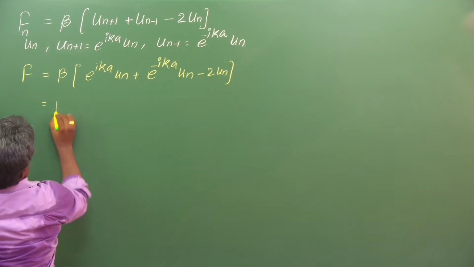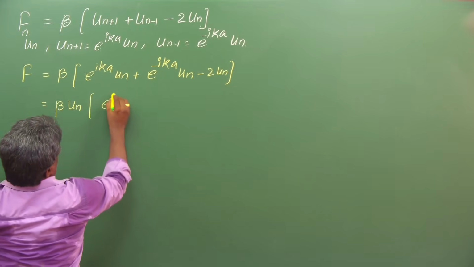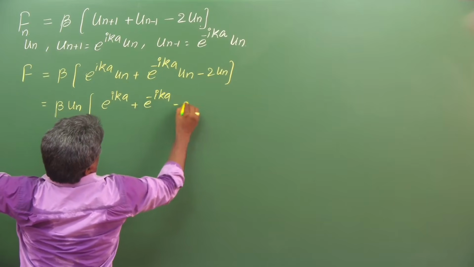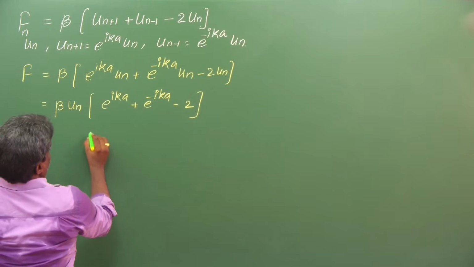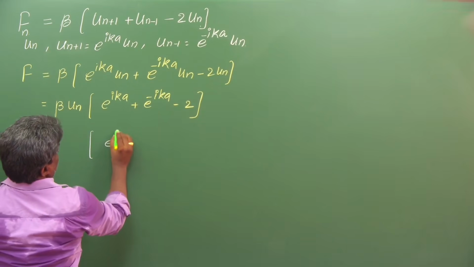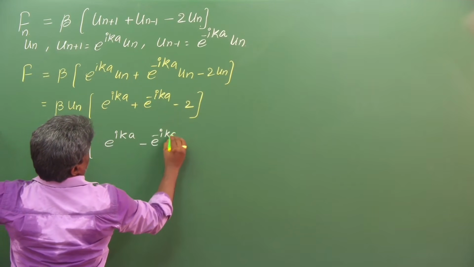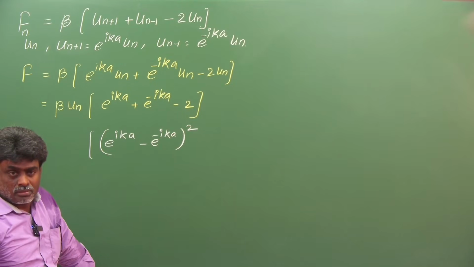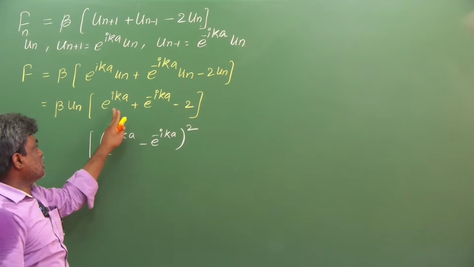Now with your permission, I will take un common. Shall I? Then what is the remaining? Super. Now with your permission, I will write like this. But something is missing.